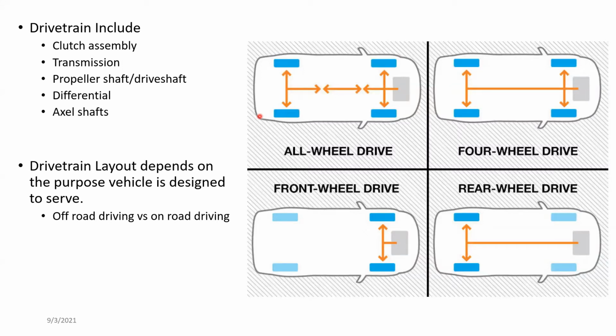In that case, driving the front wheels is the most suitable solution, because the cabin space available inside the vehicle is more, and with fewer components, less weight, and production cost is reduced as a result. So the front wheel drive system is available.